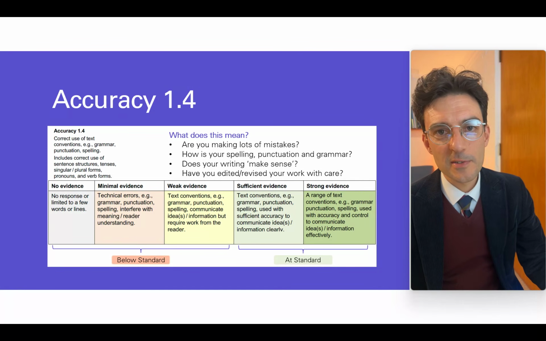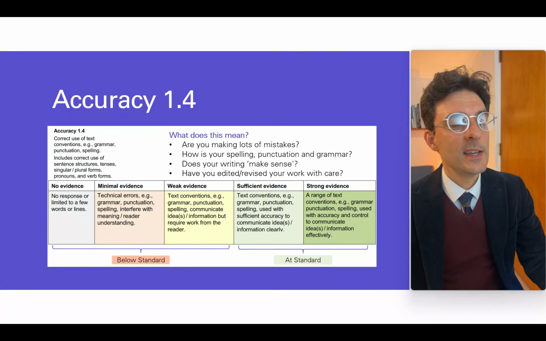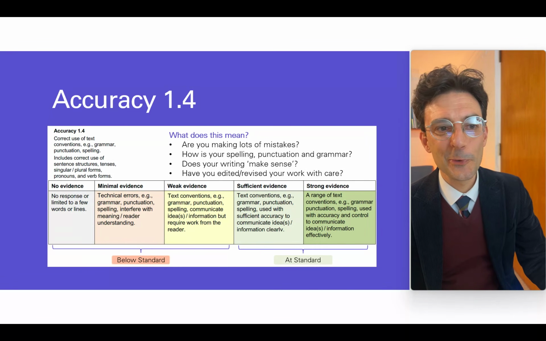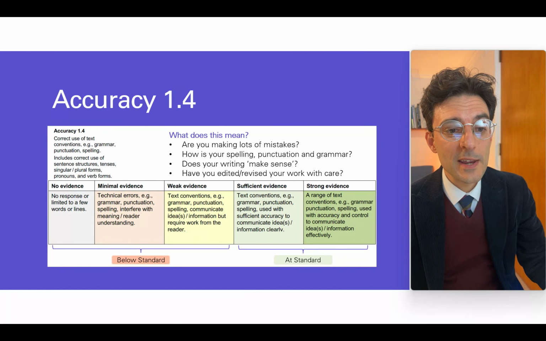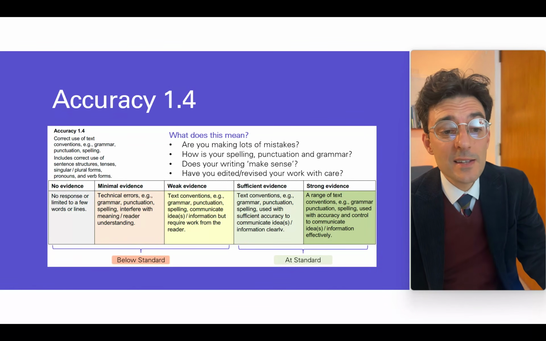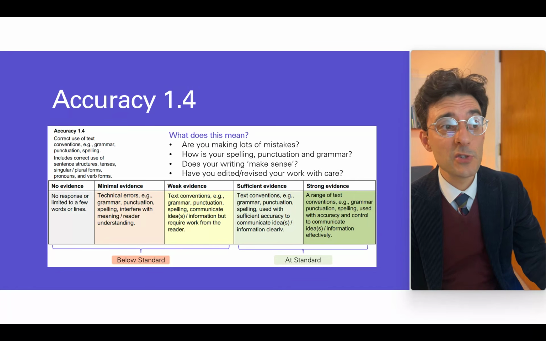Is your spelling okay? Is your punctuation, commas, full stops, question marks, alright? Is the grammar okay? Do the sentences read well? Does your writing make sense, essentially? And have you edited and revised your work with care to make sure that it does?